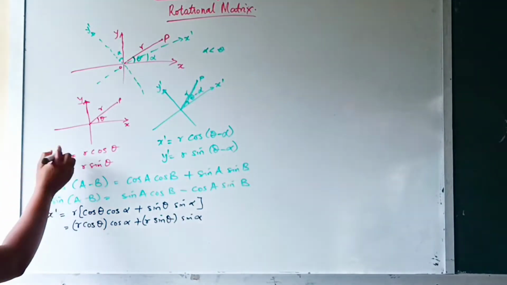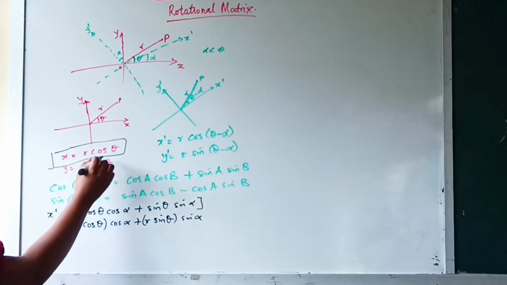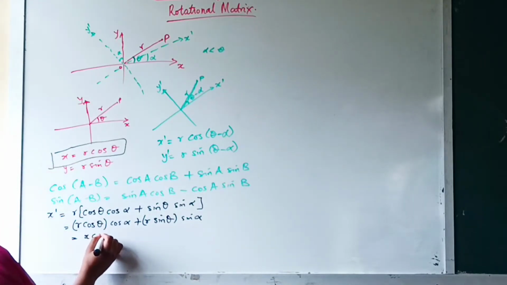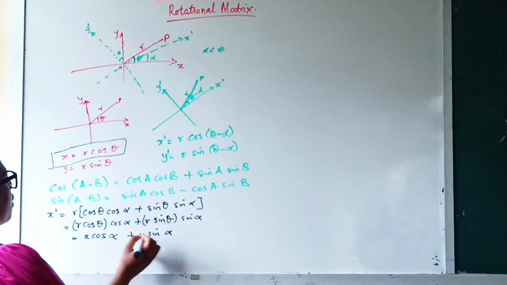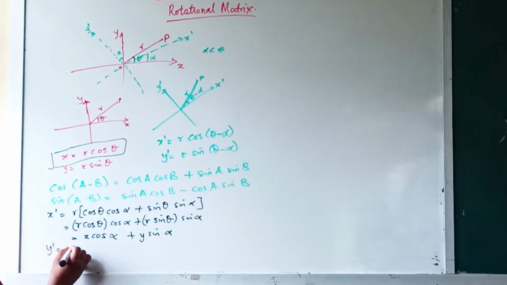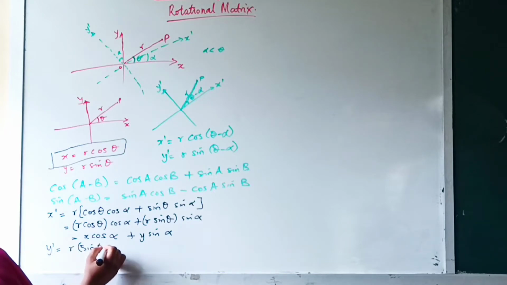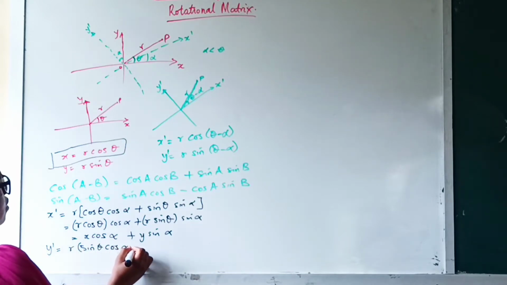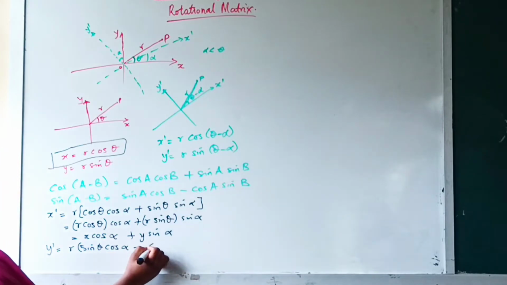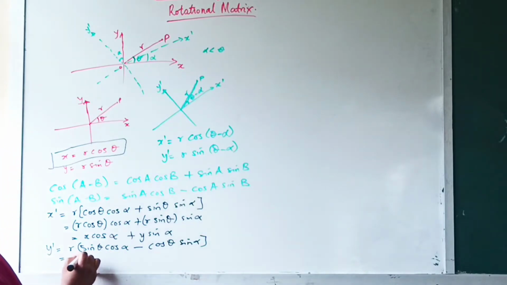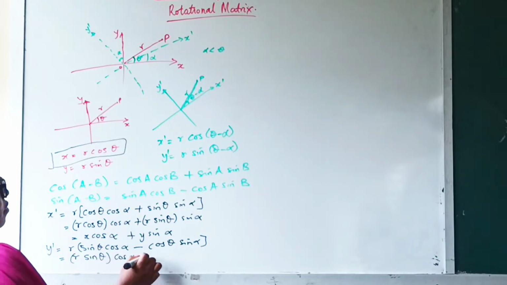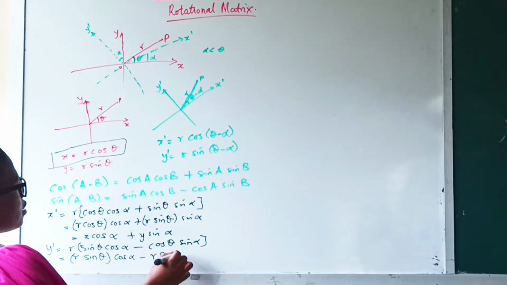Why I group this is because we can see clearly that this is x and y. So this is x cos alpha plus y sin alpha. If you do the same thing for y prime, you have r sin theta cos alpha minus cos theta sin alpha. Collecting, we have r sin theta cos alpha minus r cos theta sin alpha.